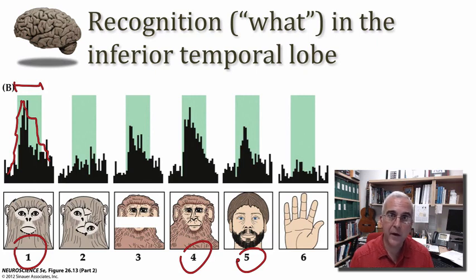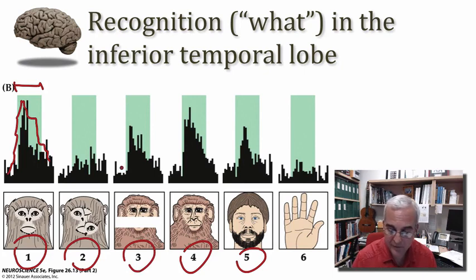But when the elements of the image are changed such that we don't recognize the stimulus as presenting a cogent human or non-human primate face, then the response is severely diminished. That would be what we see here, for example, in trial number 2, where the elements of the face have been scrambled. Now, quite interestingly, in trial number 3, there's still a vigorous response in this neuron, perhaps not as much with a full view of the face, but it's consistent with our capacity to fill in the missing details and still achieve the job of recognition.